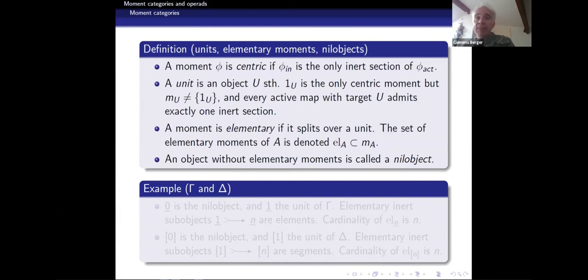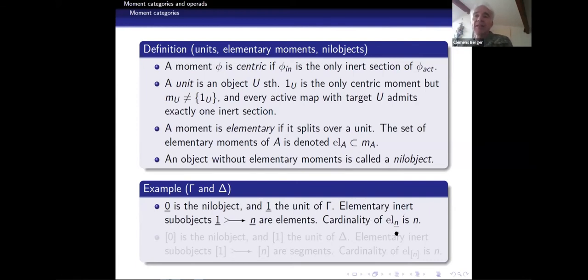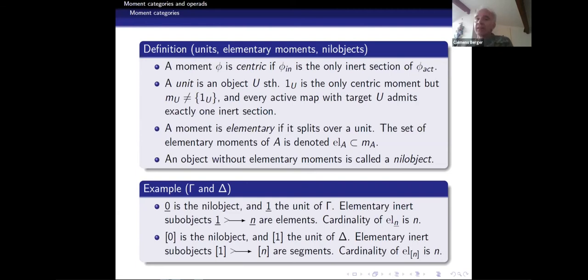Now, what happens in our examples? In gamma, the empty set is the only nil object, and the singleton is the unit. And so elementary inert subobjects are just inclusions of singletons, so they are just elements of your object. And so the cardinality of elementary moments of an object is just the cardinality of this object in the usual sense. In delta, it's very similar.